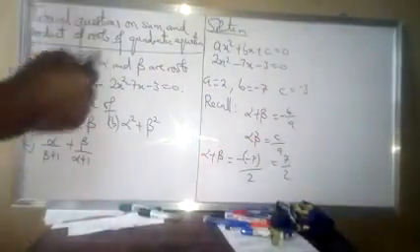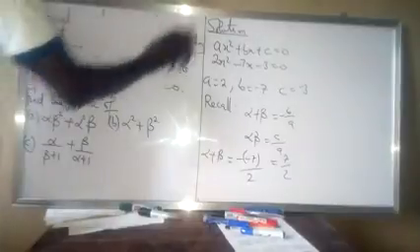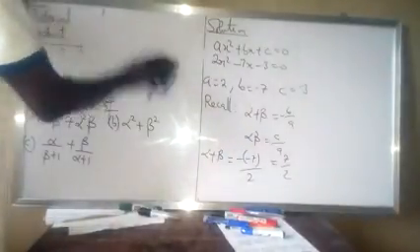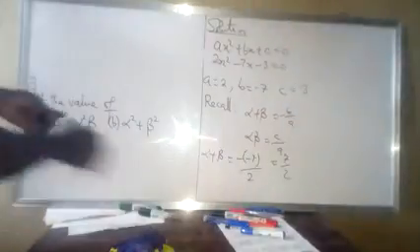Minus times minus is a plus, so 7 all over 2. So our alpha plus beta, that is the sum of the roots, will be equal to 7 all over 2.